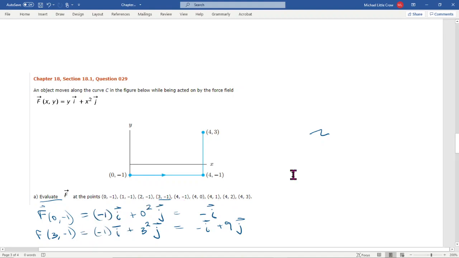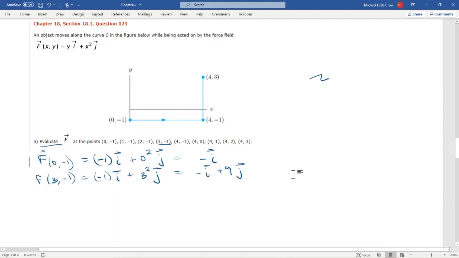Now when it comes to work, well, let's look at this. This force vector, when we're moving here, the vector all along here from 0 to 4, it's only moving in the x direction, so that's the only part that does it.